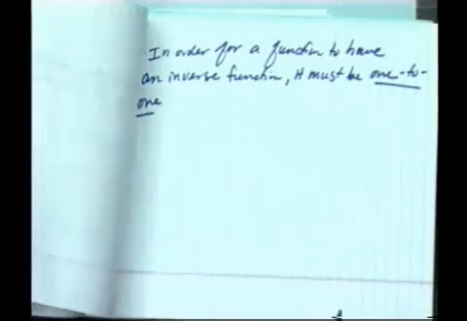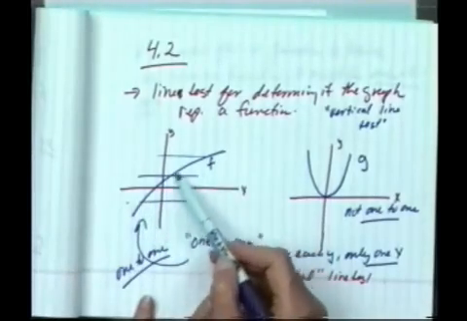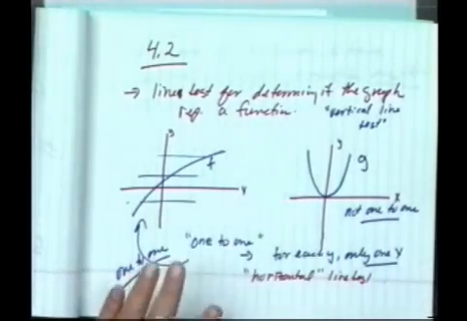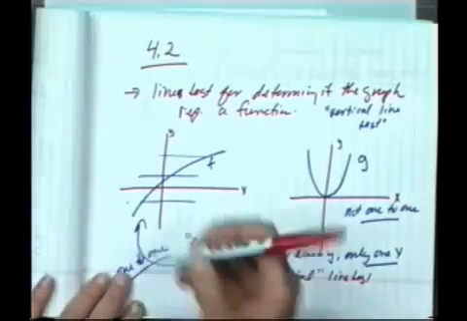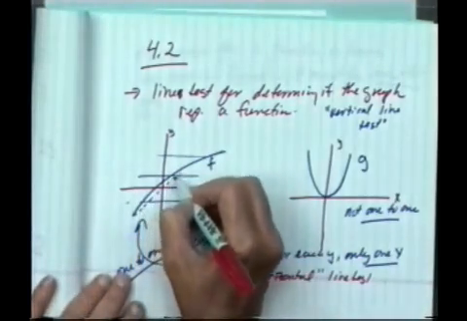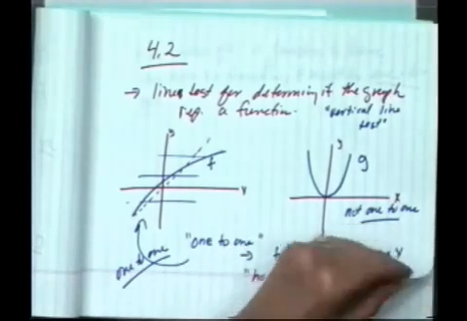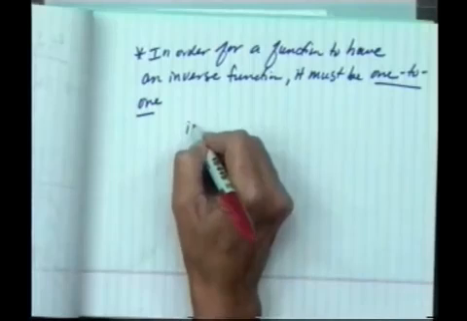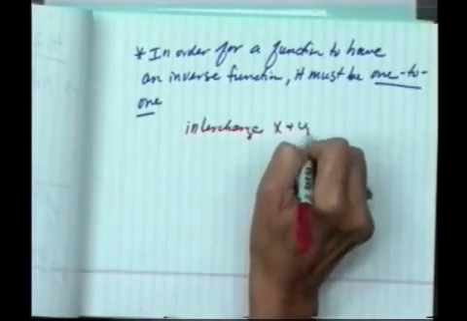Okay, so if we come back over here, if this is our function, then to find its inverse, we're going to do a reflection across the line y equals x. And what happens when you reflect it is you're interchanging x and y. So once it's 1 to 1, you interchange x and y.